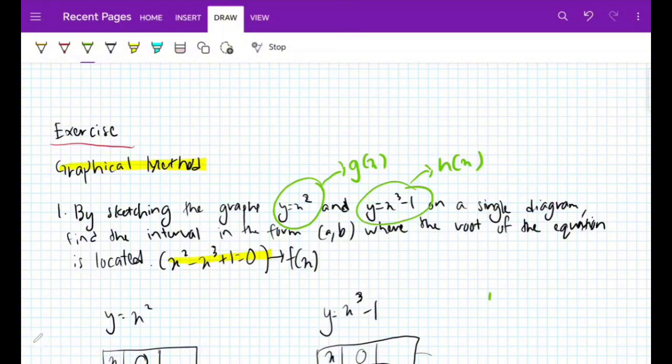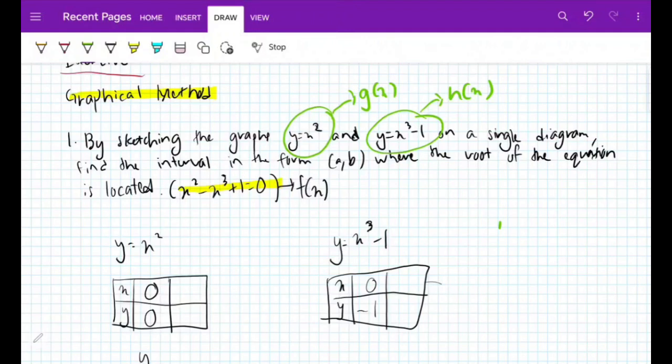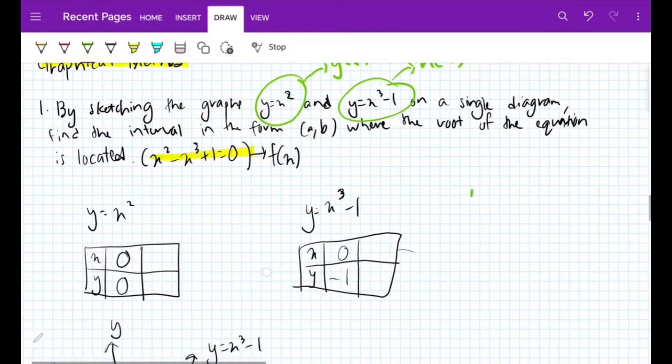Once we've got this ready, the next step is to plot a graph. Before plotting a graph, some of you may do a table, some of you may not, because we need to know certain x values and y values before plotting. We cannot just simply plot it. For the quadratic graph we find the y-intercept, so we make sure x is 0, and when we substitute the value, we get y equals 0 as well.